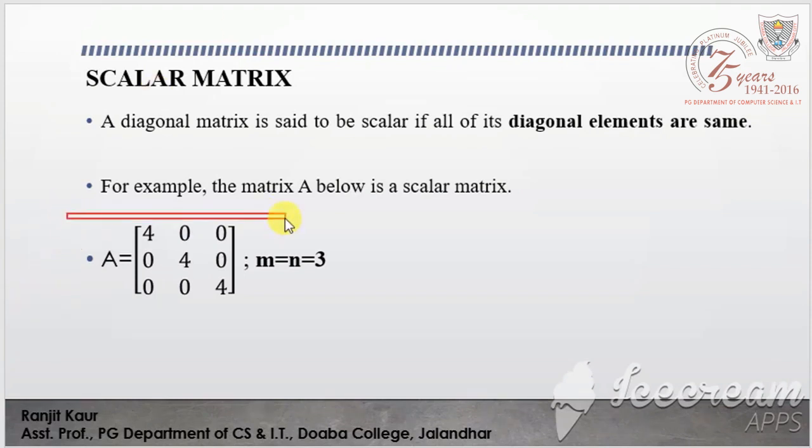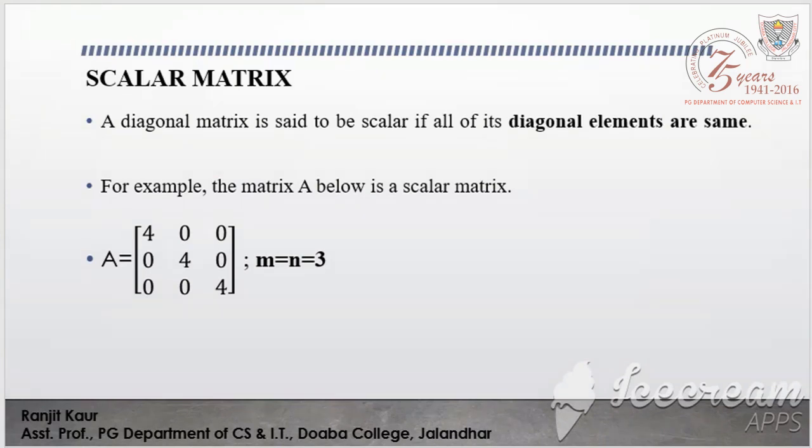If you see the example of this, here we are having a matrix A and the elements of this matrix are of these types, such as the principal diagonal elements are all same 4, 4, 4 and all other elements are 0. So such type of matrix is known as scalar matrix.